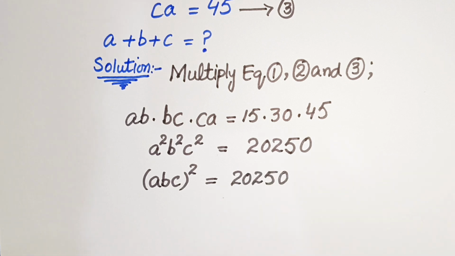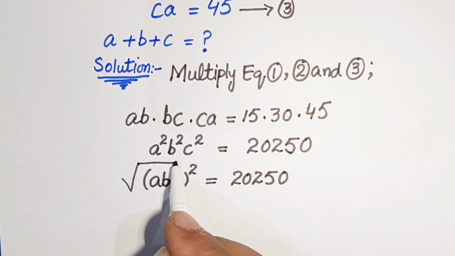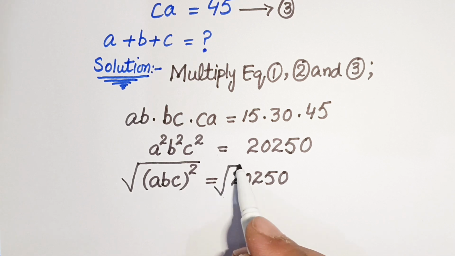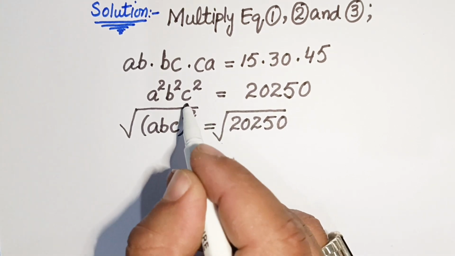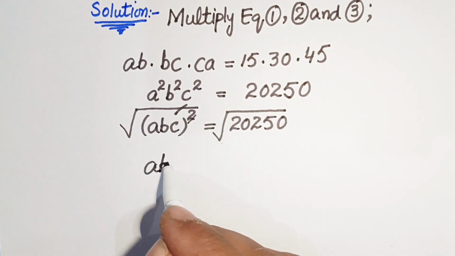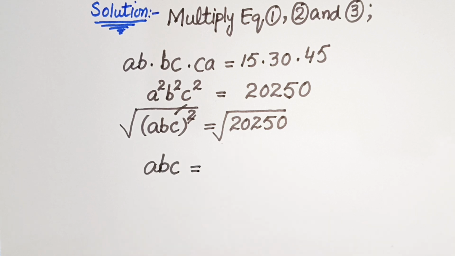Now if we take the square root on both sides, on the left hand side the square cancels with the square root, and we get a times b times c. On the right hand side, 20250 can be factorized.